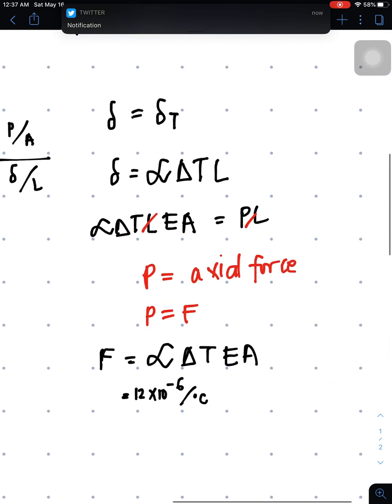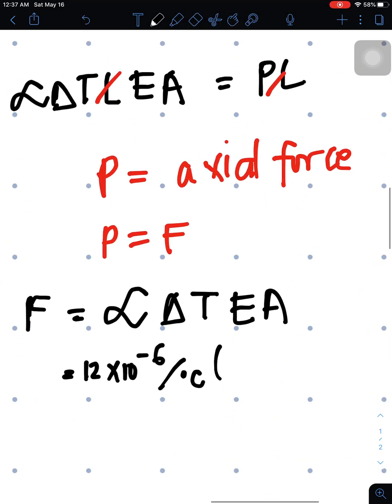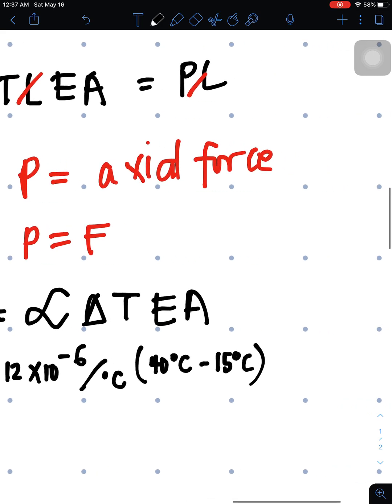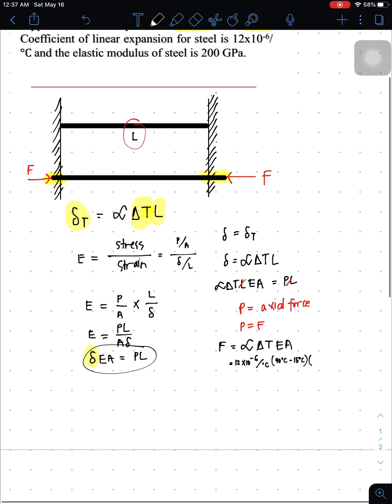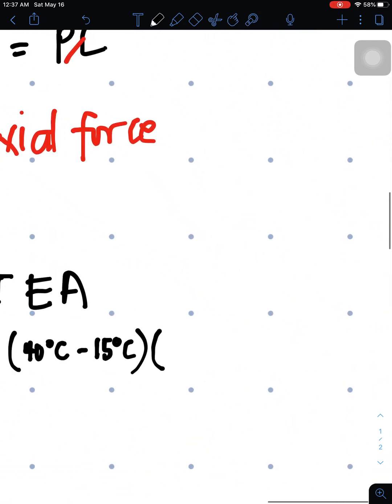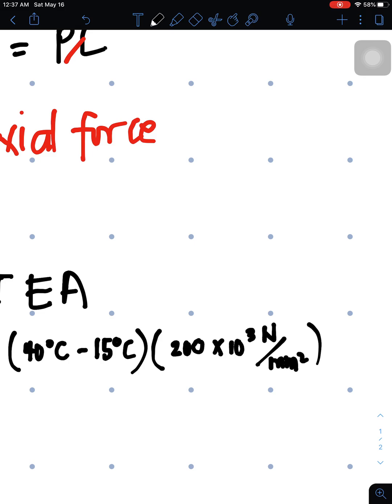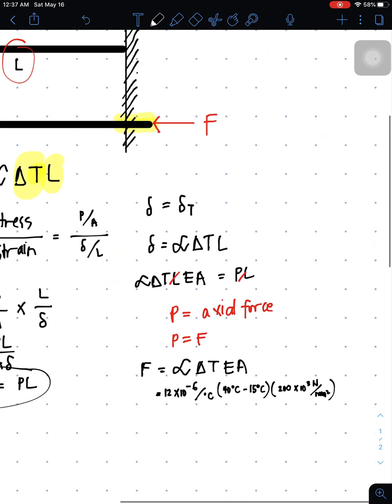And then our delta T: our final temperature is 40 degrees Celsius minus initial 15 degrees Celsius. Then our modulus of elasticity, according to the problem, is 200 gigapascal, so that's 200 times 10 to the 3 Newton per mm squared.